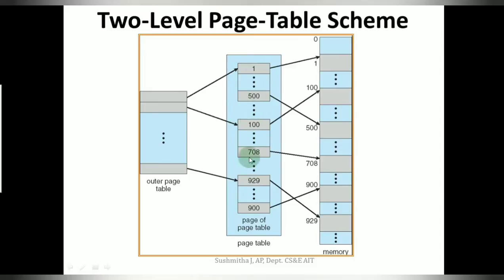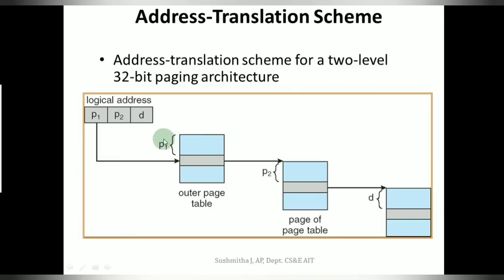This inner page table is the actual page table that we were seeing all this time. When this page table gets too long, we create a reference to it in another page table. So each table is again paged and that reference is created in another page table. Your logical address would be something like this.